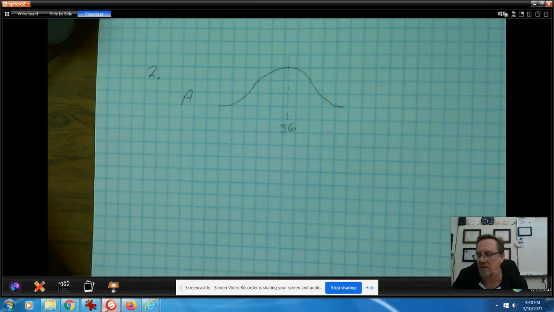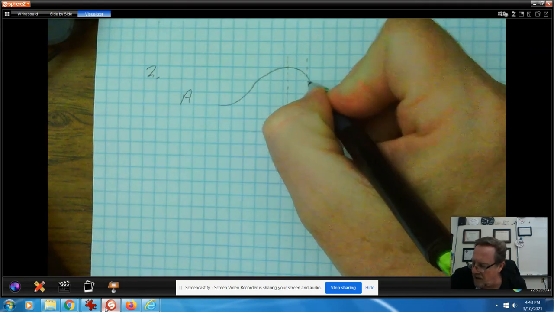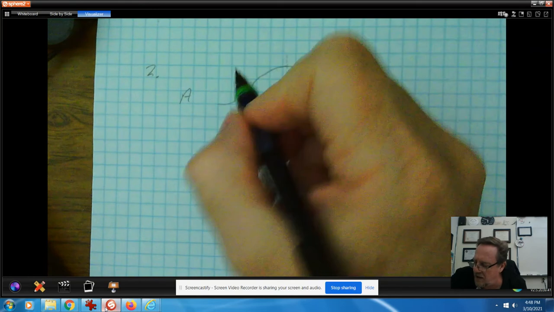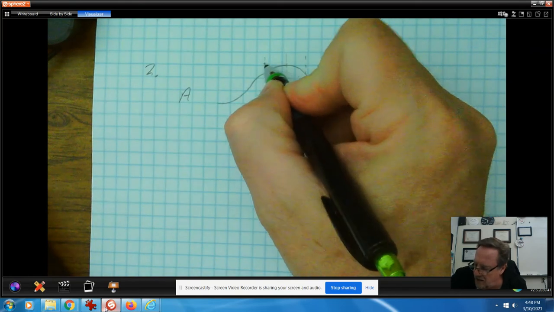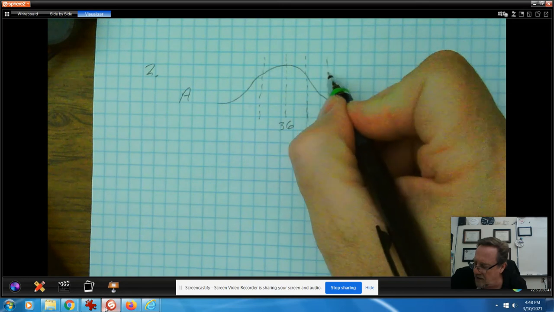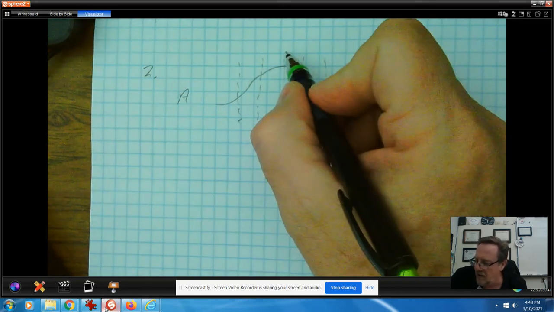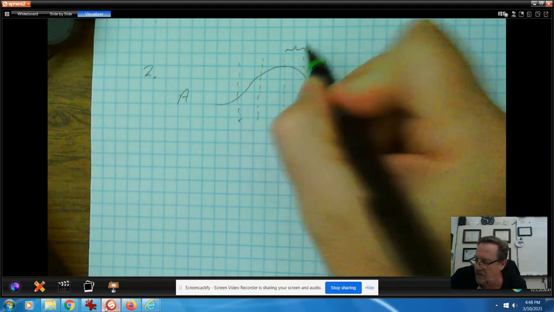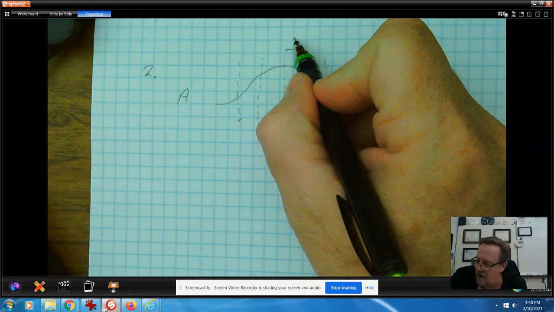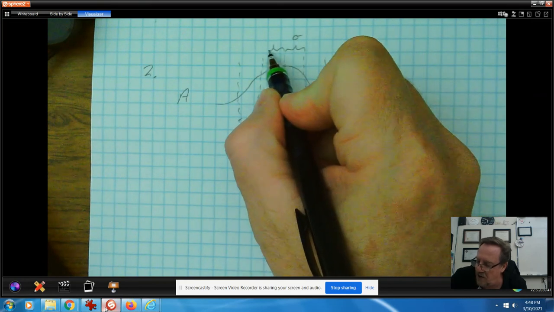So that's 36. Now, 1 standard deviation away on either side. I'm just eyeballing these. And 2 standard deviations away on either side. That is to say that the distance from the mean over to there is 1 standard deviation. Same on the other side.